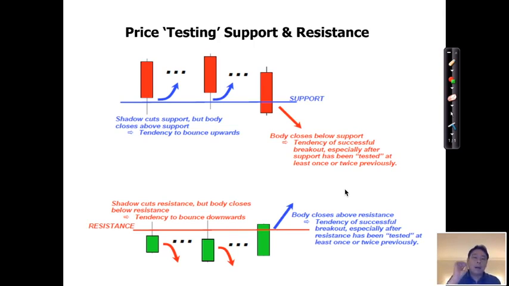And a great test is when you see the body of the candle remaining above the support level, but the lower shadow goes below that support. That is a strong test. So in this case, you can see the body of the candle remains above the support, but the lower shadow cuts below the support, and that is a very strong test.